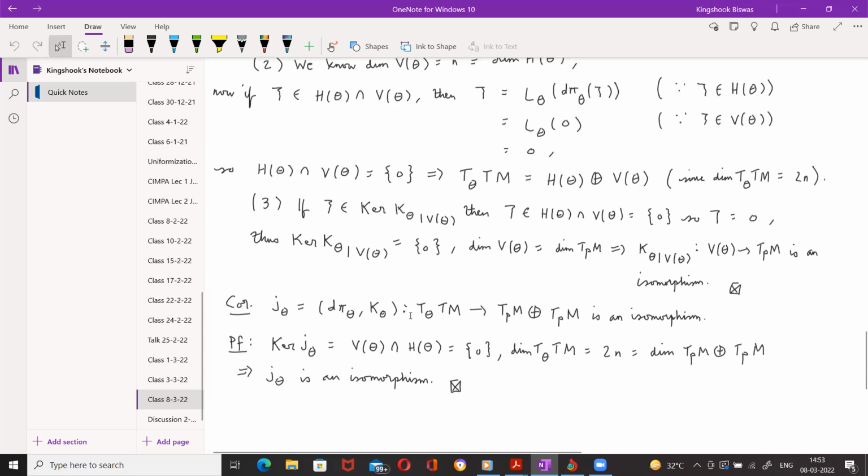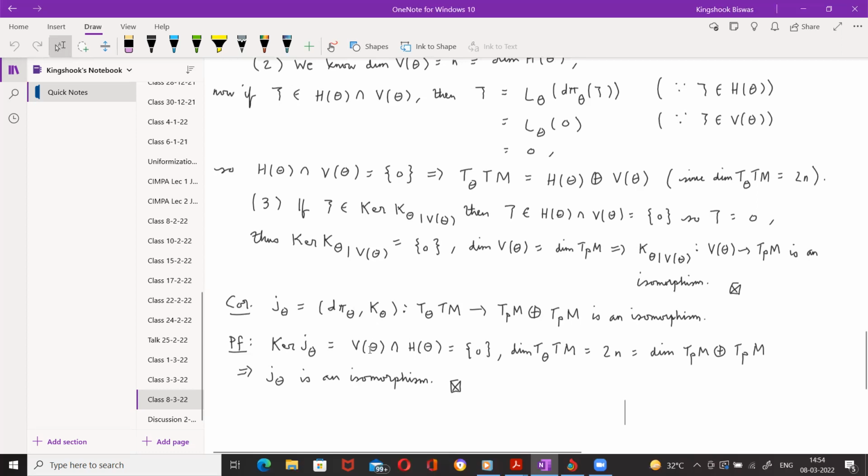And so finally, we also get similarly that this j theta map, which was d pi theta comma k theta, from T theta TM to TpM direct sum TpM, is an isomorphism. Because you look at the kernel of j theta. If j theta of xi is 0, that means d pi theta of xi is 0 and k theta of xi is 0.